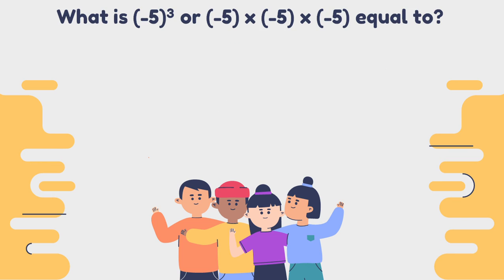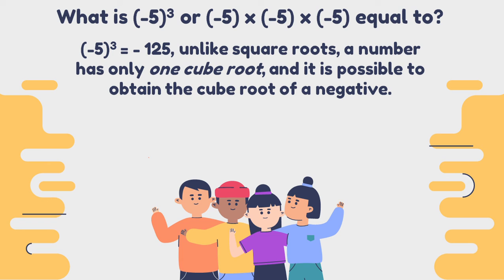Next, what is negative 5 cubed, or negative 5 times negative 5 times negative 5, equal to? Negative 5 cubed is equal to negative 125.